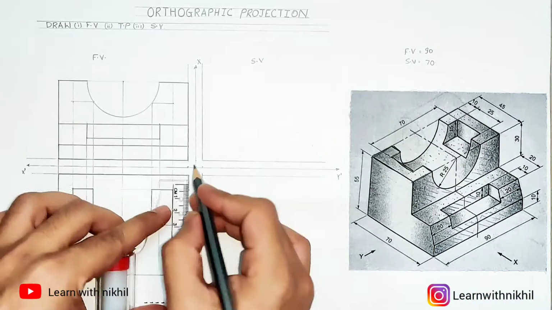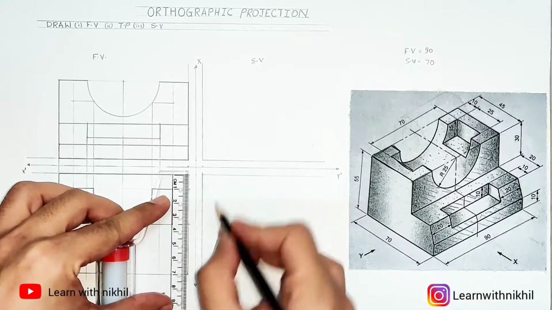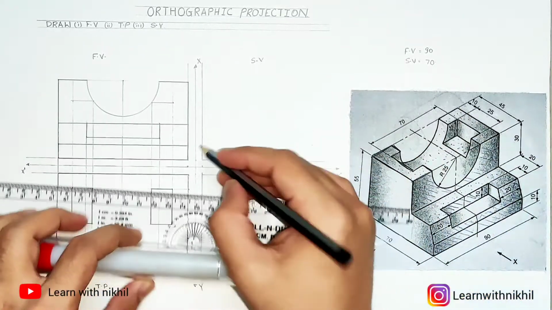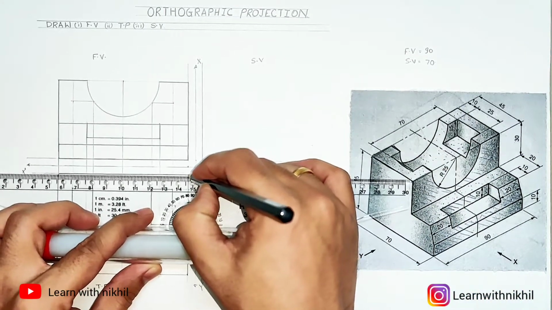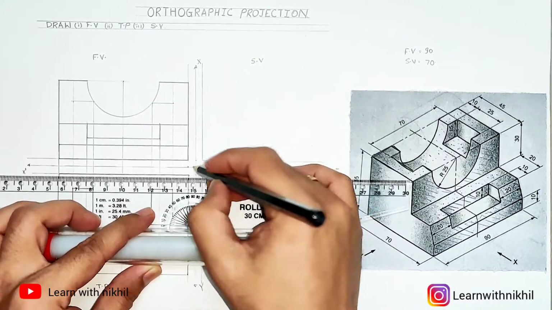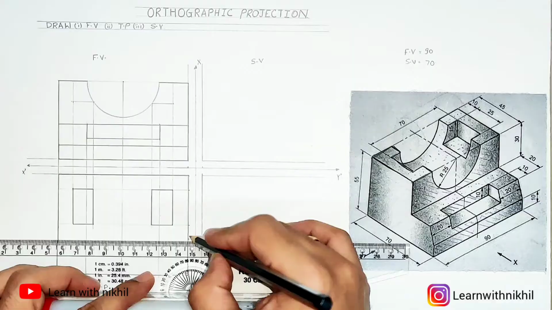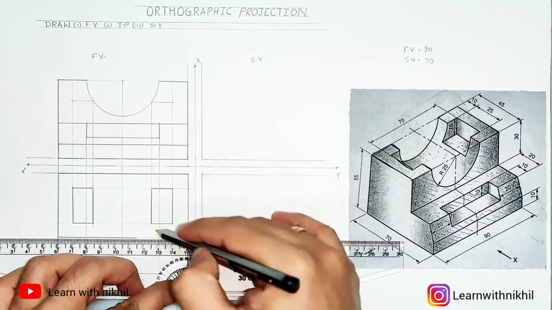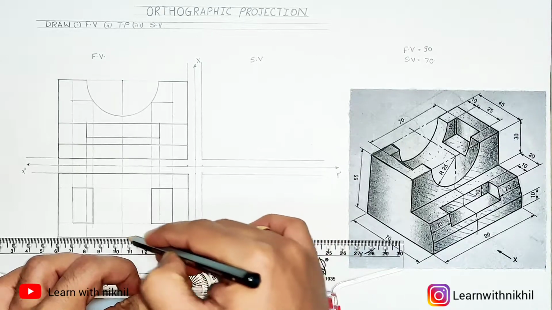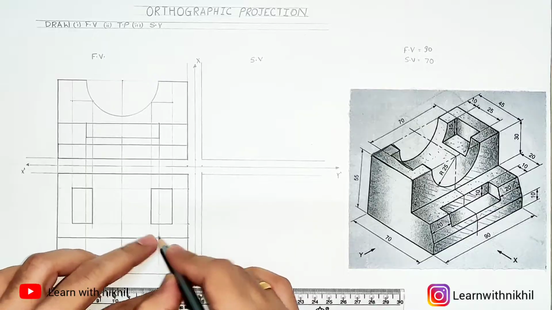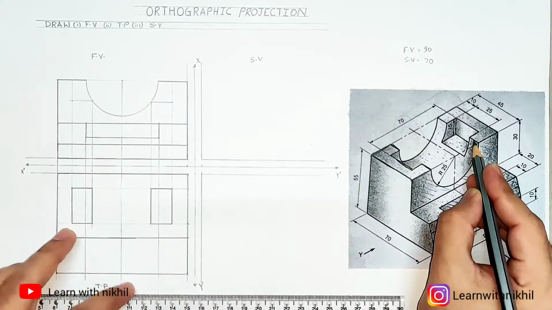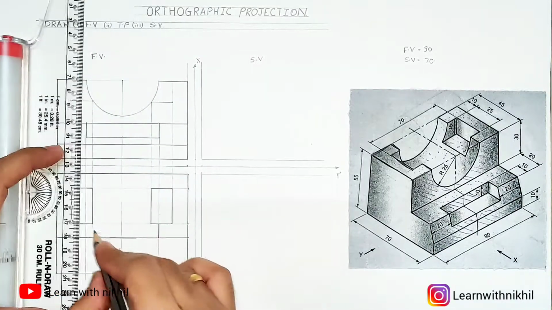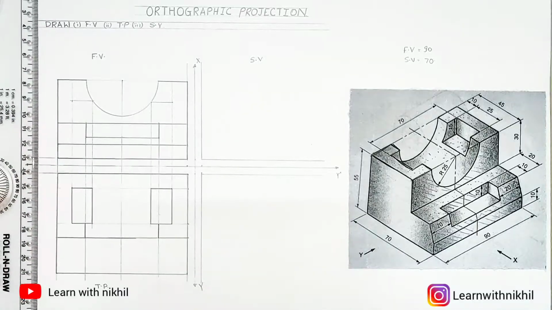So we will mark the straight line of 45 millimeter. Taking the reference line parallel to this line at 45 millimeter apart, we will draw a straight dark line. This line will be a straight dark line. Now these two joinings will also be dark as they will be visible from the top side. So we will draw the dark line connecting.